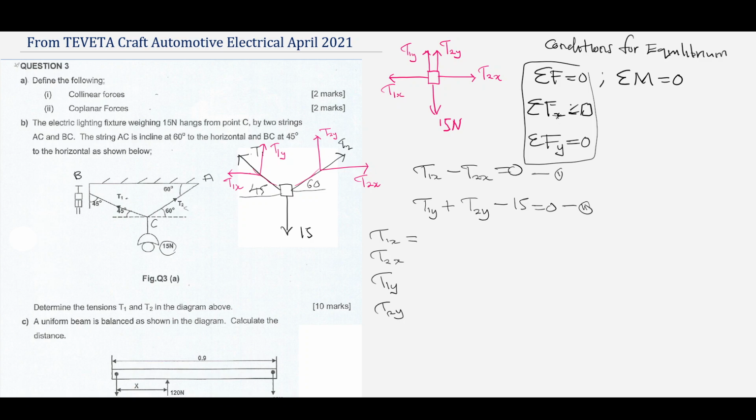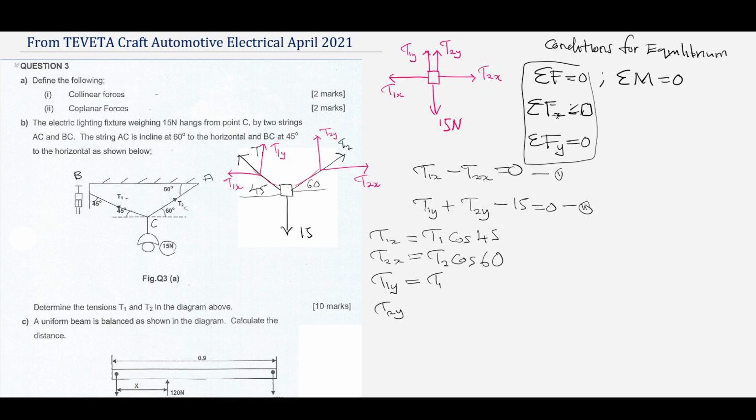T1x will equal T1 cos the angle at which T1 is acting, which is 45, cos 45, and then T2x will equal T2 cos the angle at which T2 is acting, so 60, and then the vertical one will always be associated with sine.